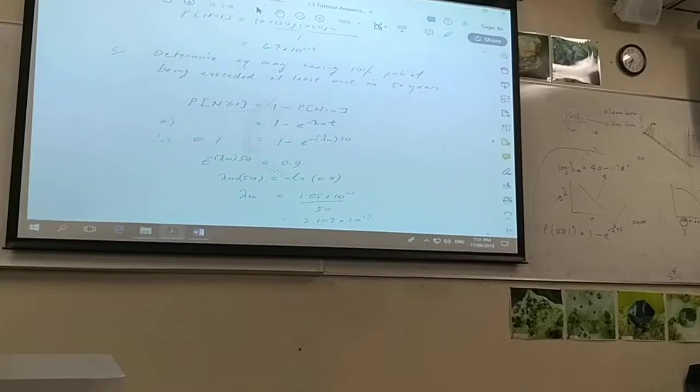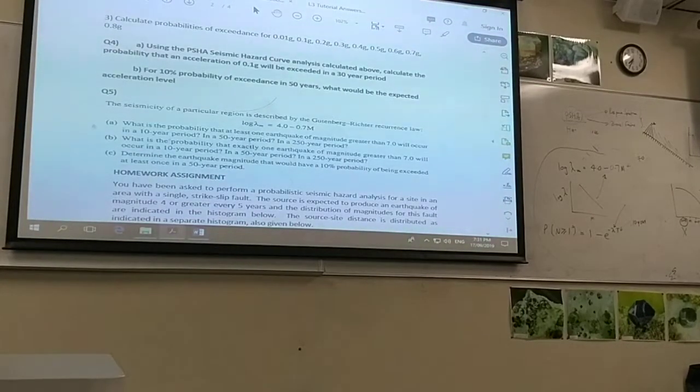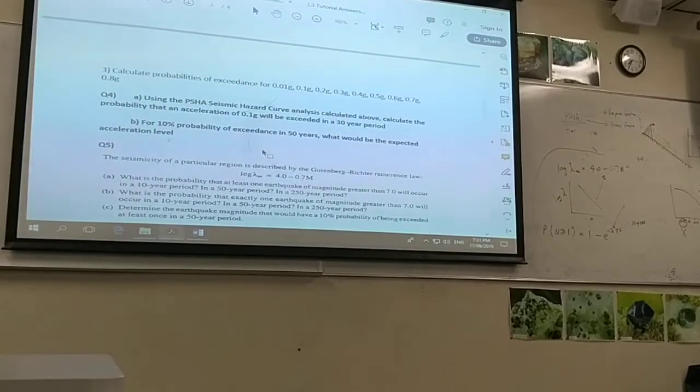So that's a couple of examples of using the Gutenberg-Richter relationship to come up with the Poisson distribution, and how to solve these types of questions. You can also have the same types of questions for the hazard curve.